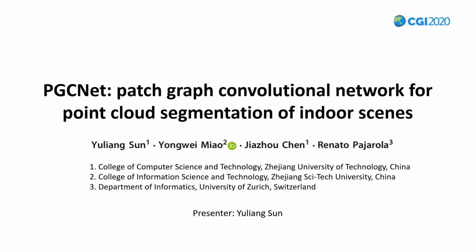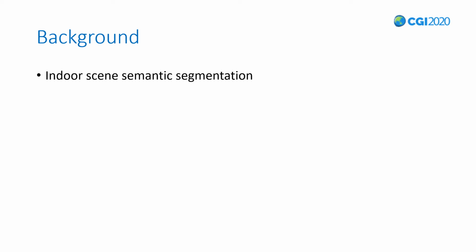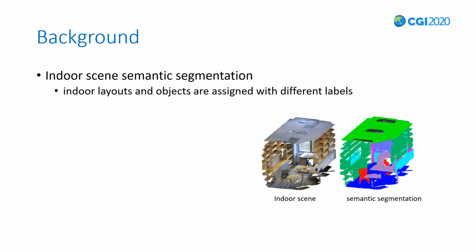Today I will talk about our recent work on indoor scene point cloud segmentation using patch graph convolutional network. Indoor scene semantic segmentation, in which indoor layouts and objects are assigned different labels, is a crucial task in scene understanding.